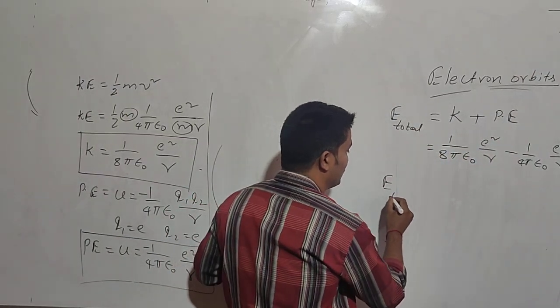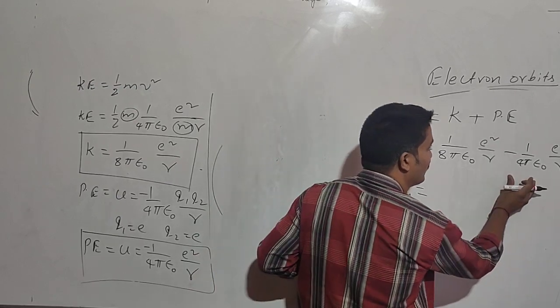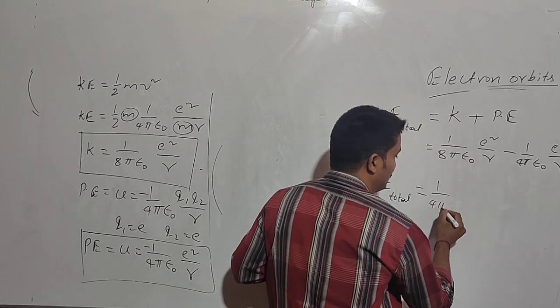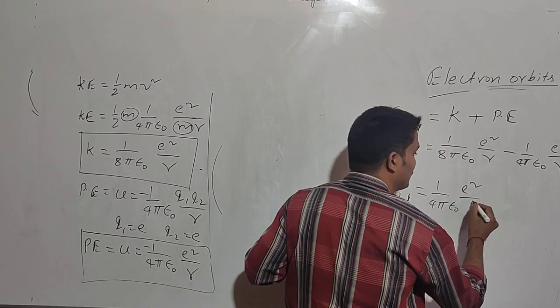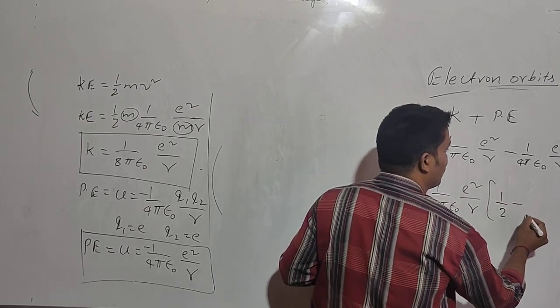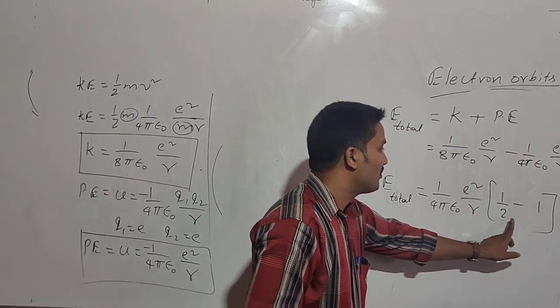Therefore, the total energy is 1 by 4 pi epsilon naught e square by r common, then half minus 1. Half minus 1 is minus half.